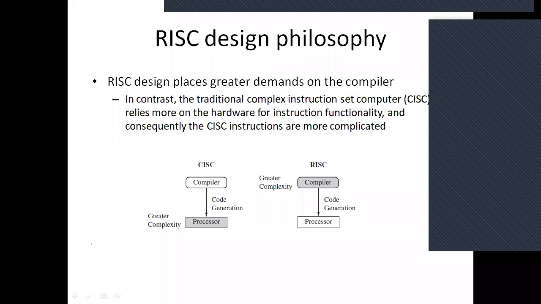In the case of CISC, designing a compiler becomes easier because it has a more complicated hardware circuit for complex operations. Whereas in a RISC system, we have fewer, less complicated instructions. Because of that, you need a sophisticated compiler. That's why the complexity of the compiler will be more in a RISC system.